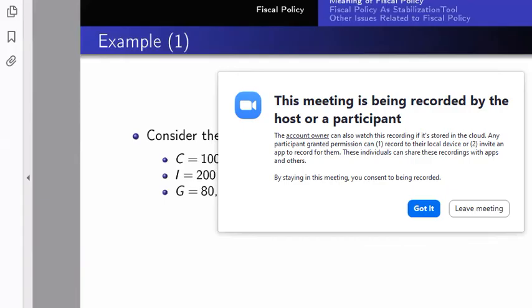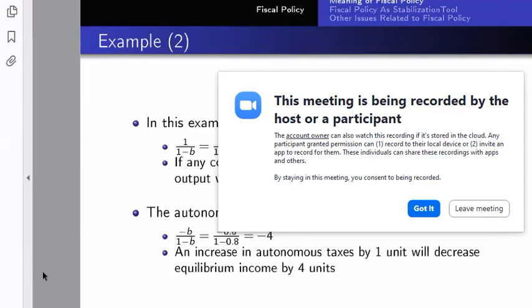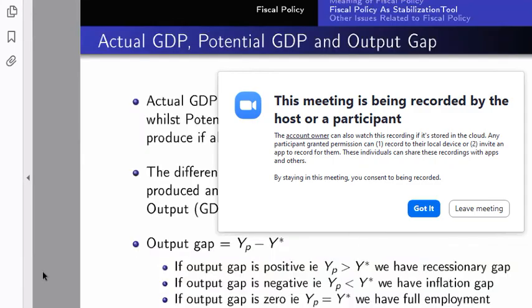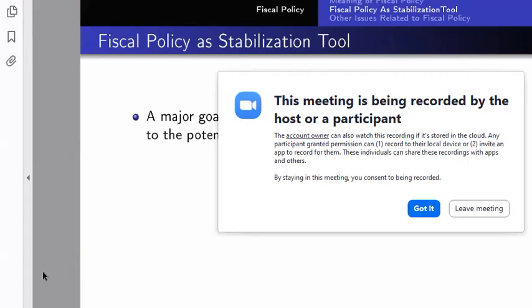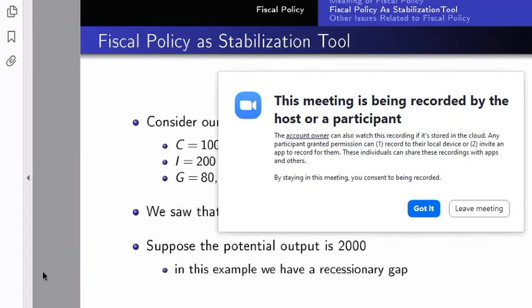Yes. So first, we are moving to that change in G thing. We know what the output gap is. We calculated the actual GDP or actual output, and we got 1620. Is that correct?